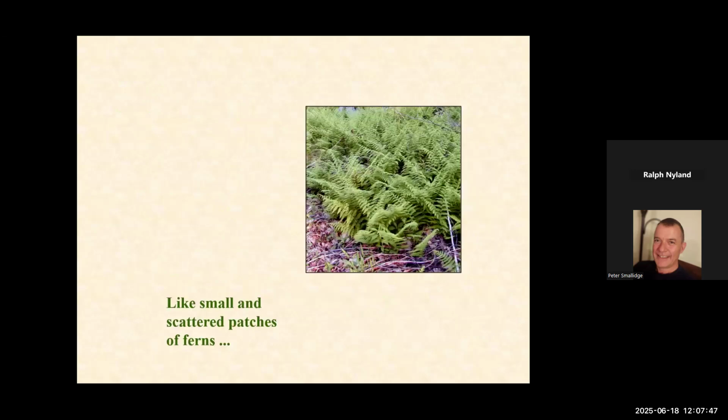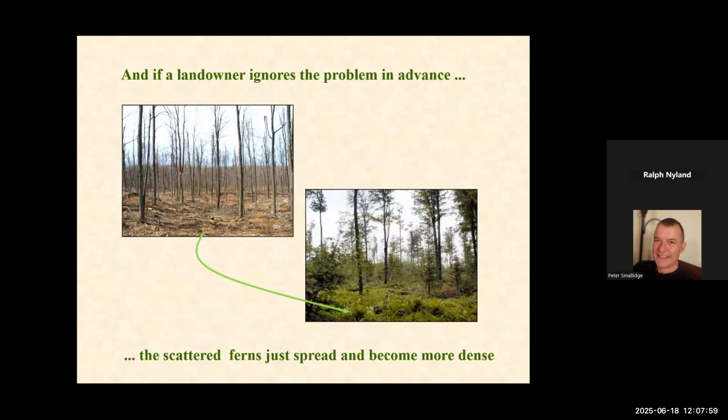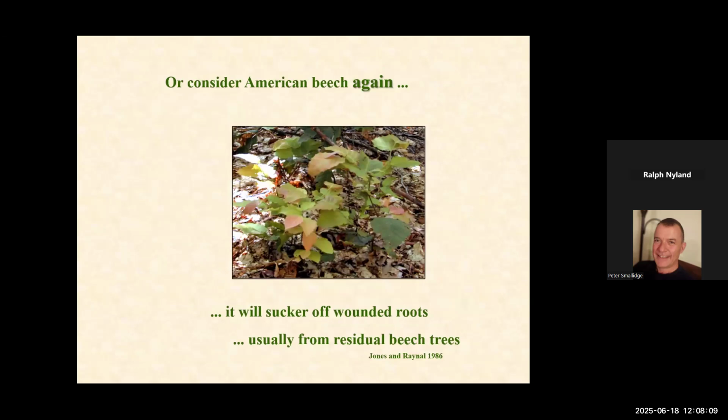Little things like small patches of fern scattered throughout the stand, particularly hay-scented and New York ferns, will inhibit tree seedling development once they spread. And if the landowner ignores the problem in advance, then the ferns just spread, become more dense, causing a problem. Or consider American beech again.